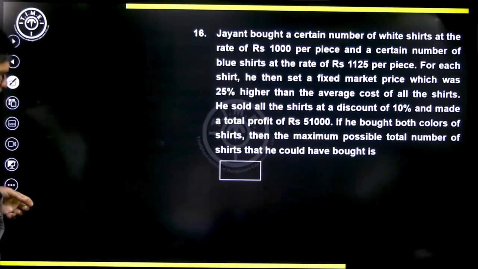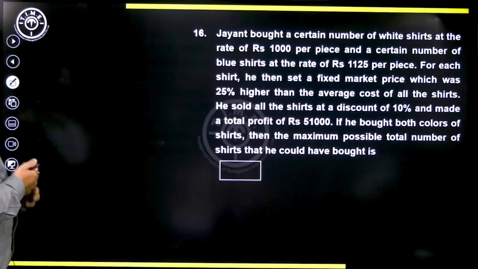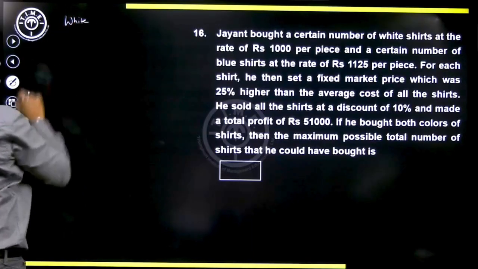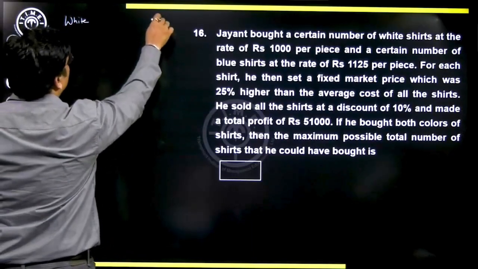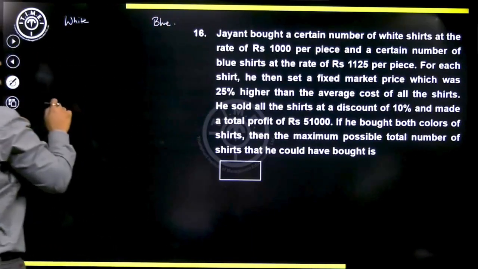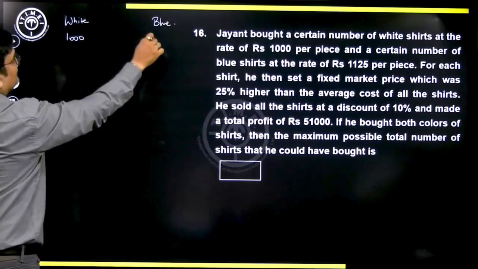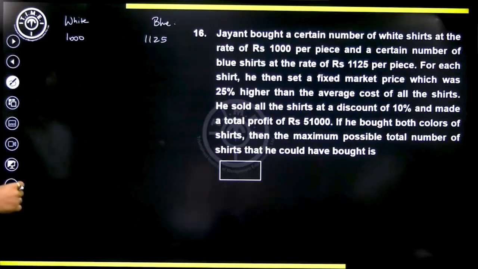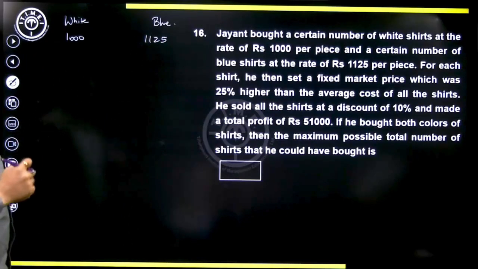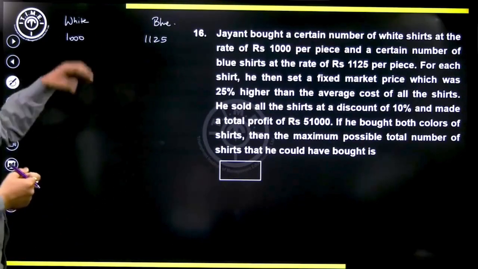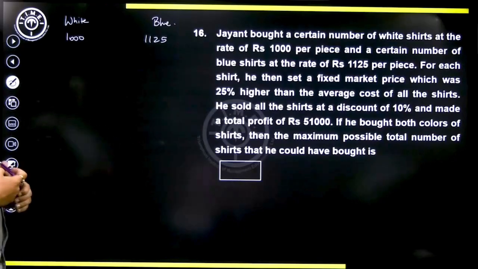Jayant bought a certain number of white shirts at the rate of 1000 rupees per piece and a certain number of blue shirts at the rate of 1125 rupees per piece. For each shirt, he then set a fixed mark price which was 25% higher than the average cost of all these shirts.